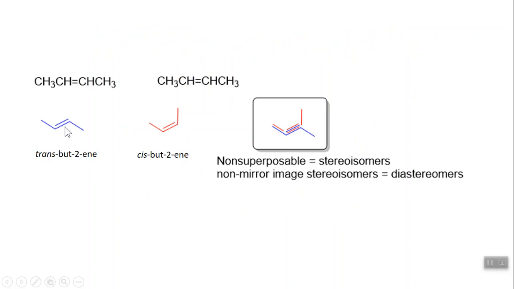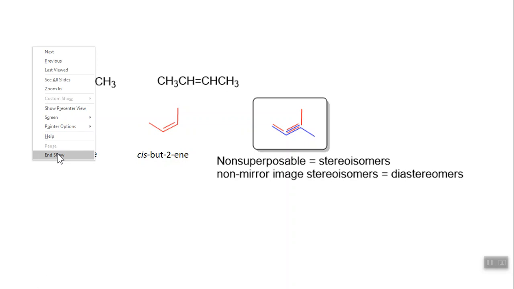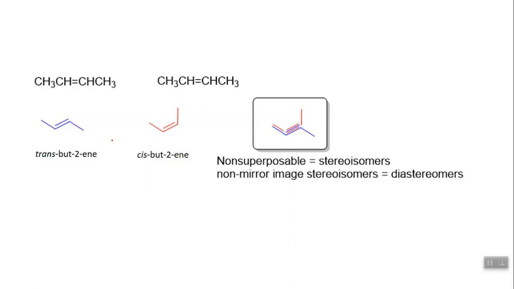If you draw a line along the alkene, for the trans molecule, you have a methyl group on one side and a methyl group on the other, kind of like with the ring, where you had a substituent on one side and a substituent on the other. Whereas for the cis molecule, you draw that line again along the alkene, and you'll see that both of the substituents of the alkene are on the same side of that line, like they were on the same side of the ring, and we call that cis.